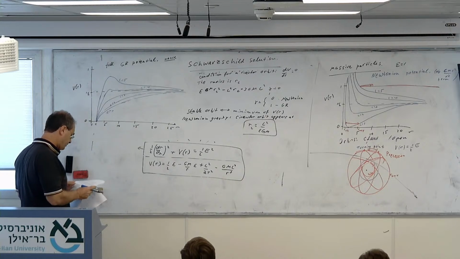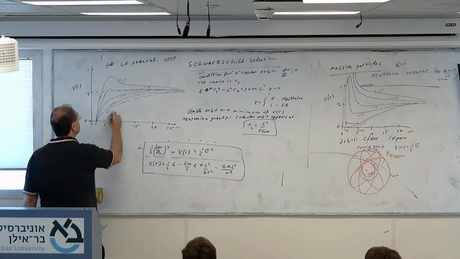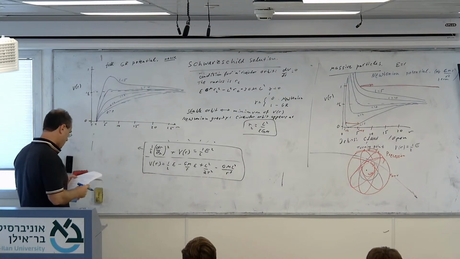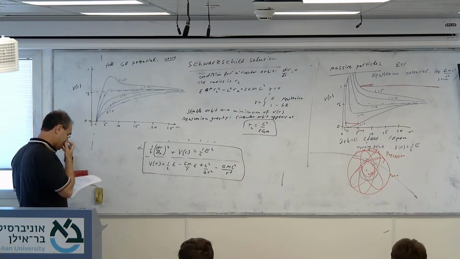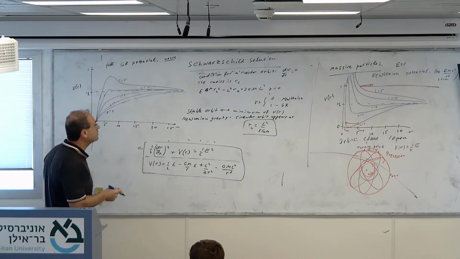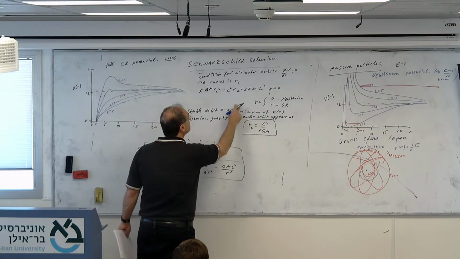But where is the stable orbit? Maybe not really important. If we want to get the stable orbit, we actually need to solve it. To get the stable orbit, we find the minimum of the potential.